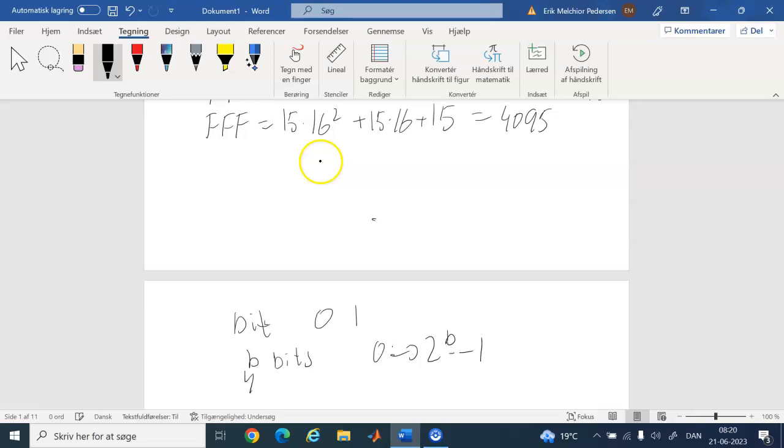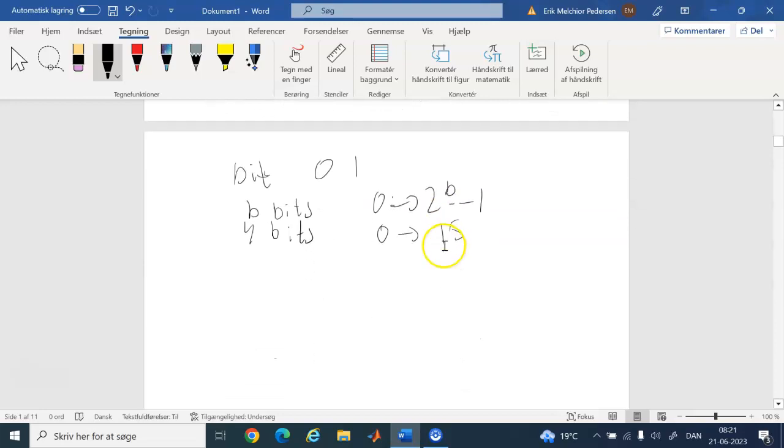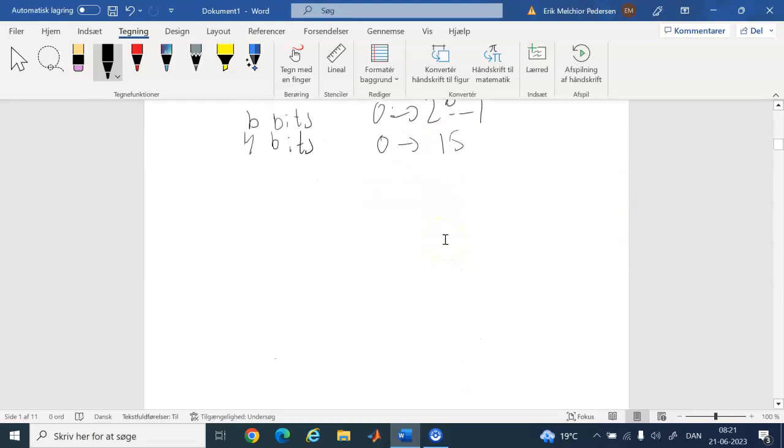So 4 bits can represent the positive integers from 0 to 15.